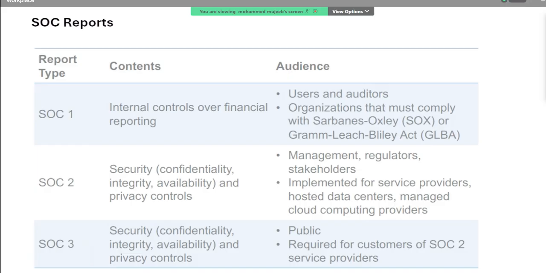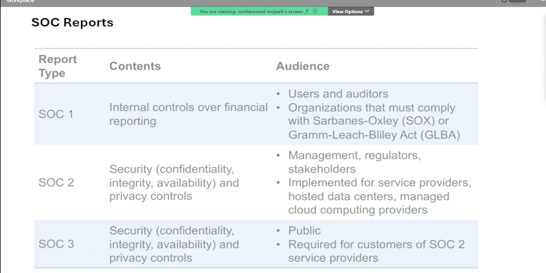SOC 2 covers confidentiality, integrity, availability, and privacy controls. SOC 2 audits happen with most general companies, and SOC 1 is just for financial companies like banks.